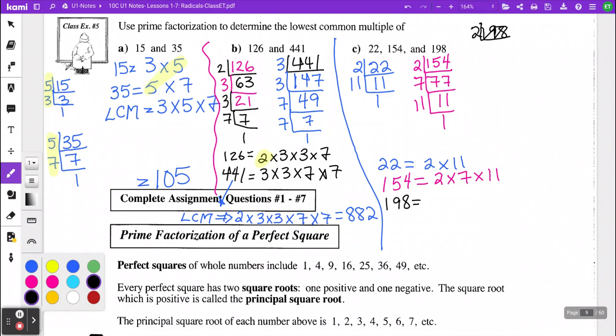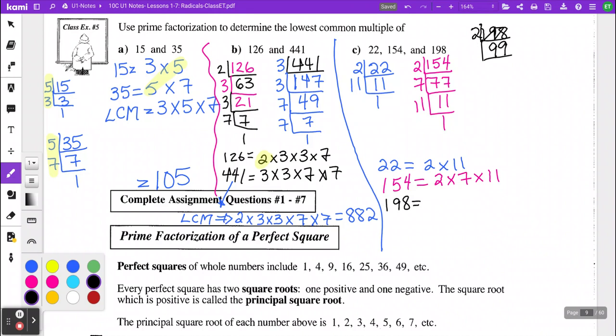And that's going to give us 99, which divides by 3 to give us 33, which also divides by 3 to give us an 11, which will divide by itself, 11, to give us a 1.